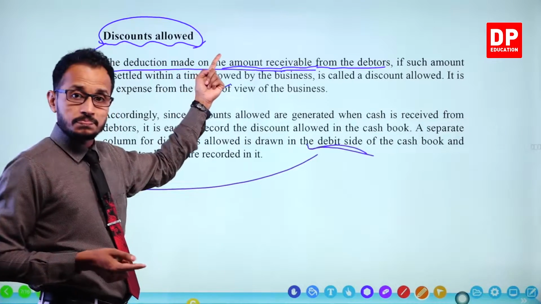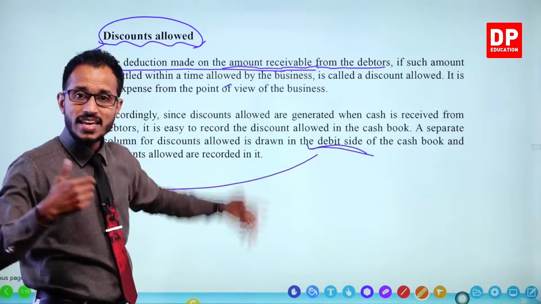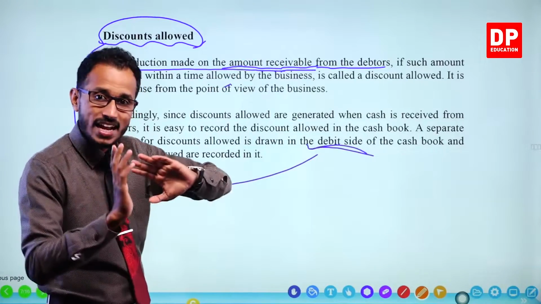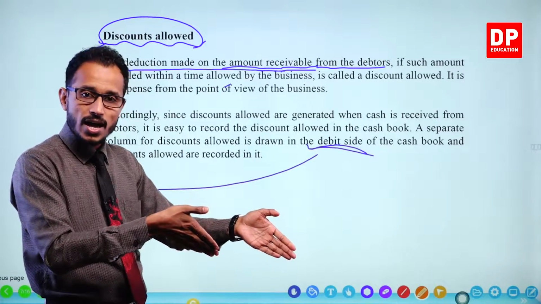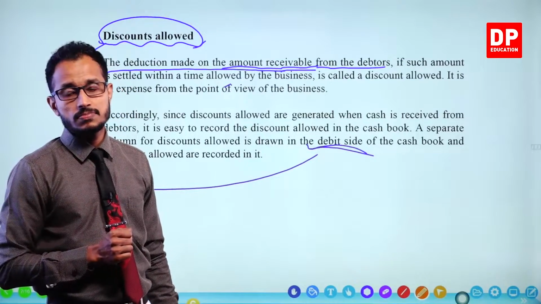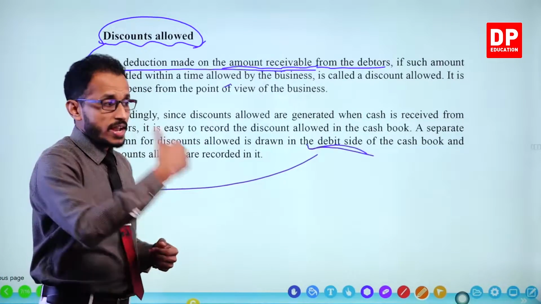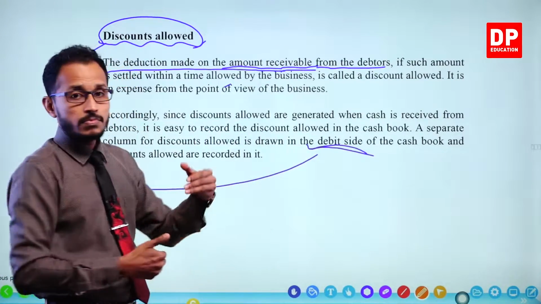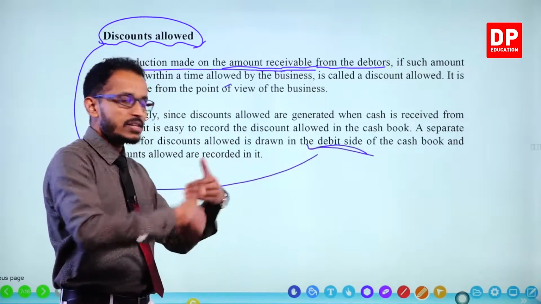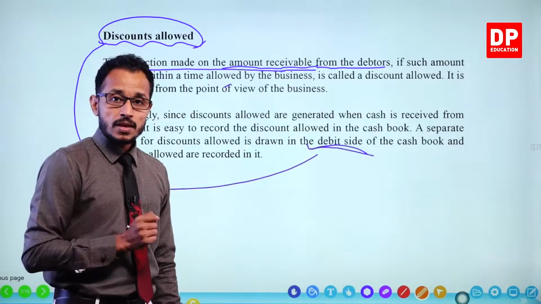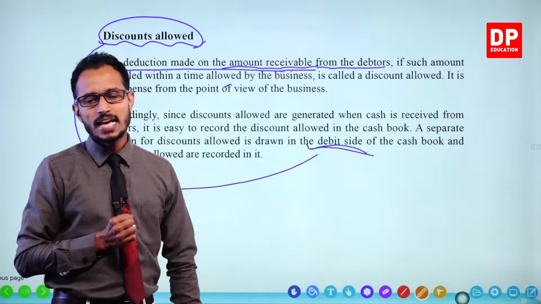Discounts allowed are expenses to any business when they allow discounts to their debtors, right? I told you the reason mainly being, when we have an amount to be received from a debtor, and that debtor is paying on time, prompt payment, so to encourage that, we are deducting a small amount as a discount.